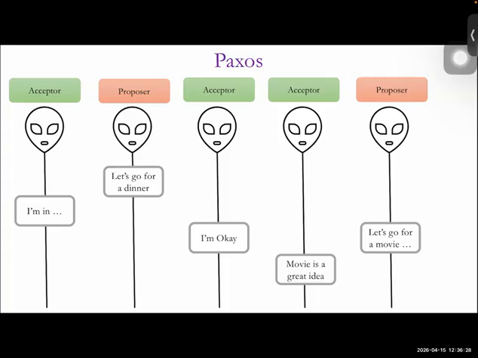The majority of acceptors is known as a quorum. In this case there are 3 acceptors, so they have the majority and become a quorum. The third is the learners. The learners learn the final agreed value.